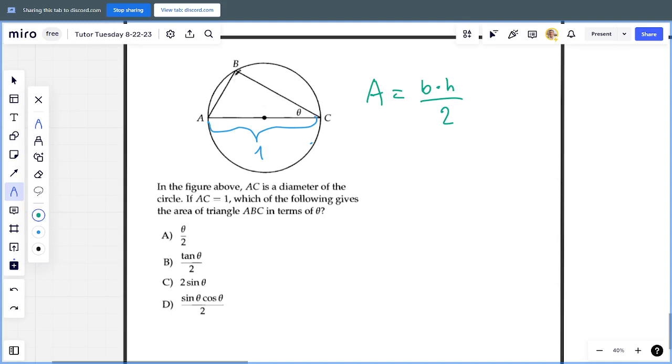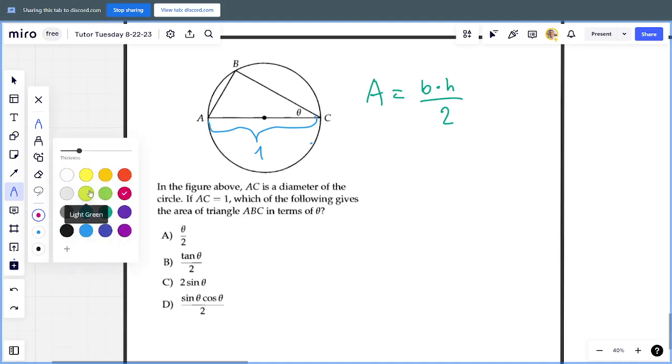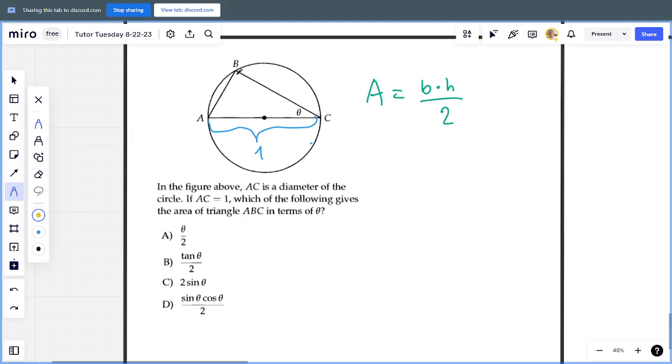What I could consider is two possibilities. Either case 1, base is equal to 1, height is equal to that orange line. Then the height could be equal to, hold on.